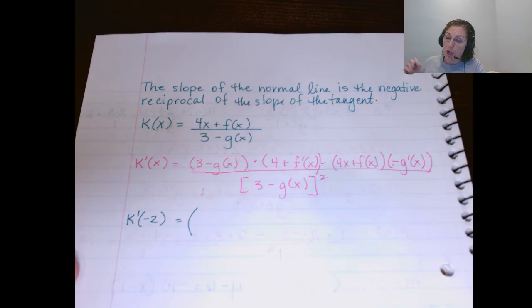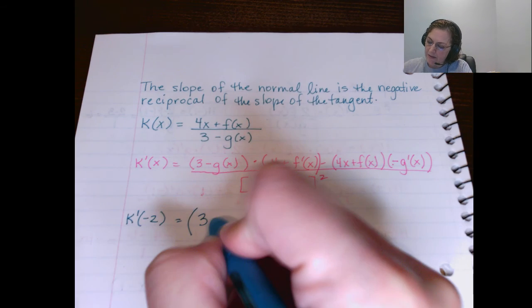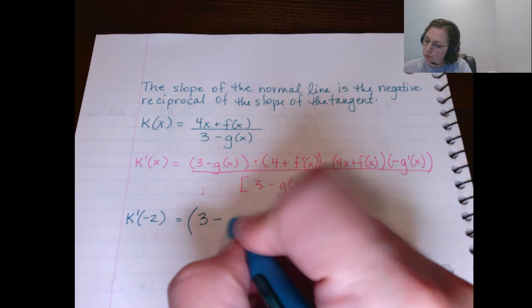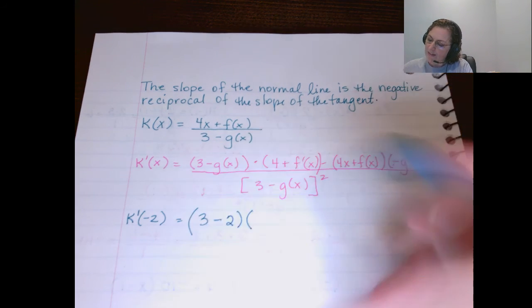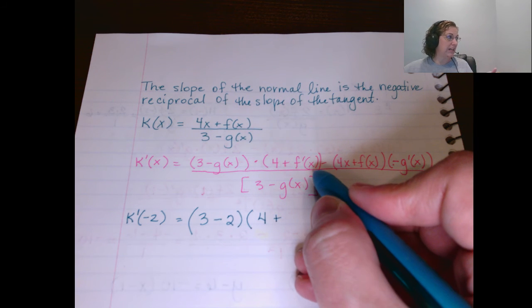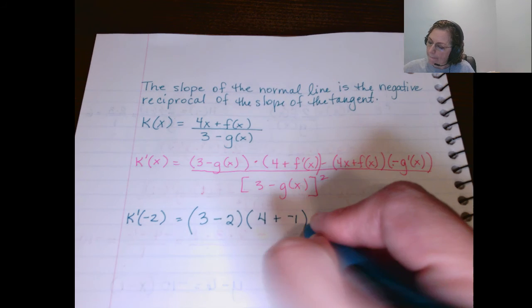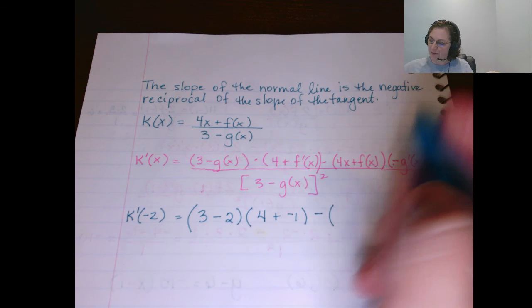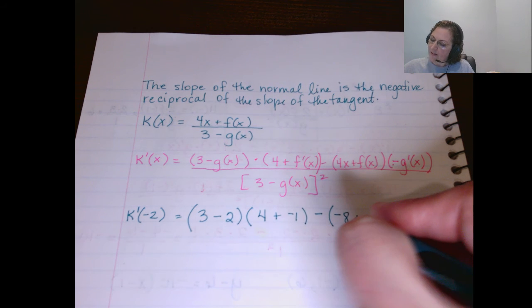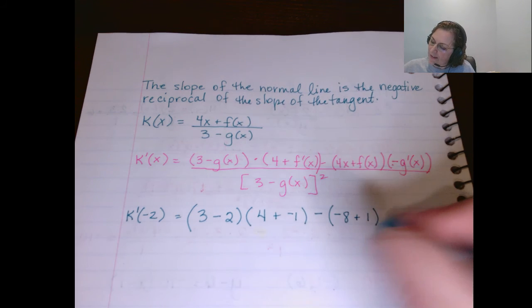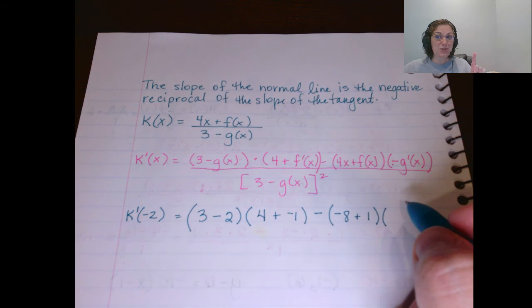All right, so I've got 3 minus g of -2, which I'm going to my chart. g of -2 is 2, times 4 plus f prime of -2, looking at my chart, is -1, minus 4 times -2, which is -8, plus f of -2, which is 1, times negative g prime of -2.